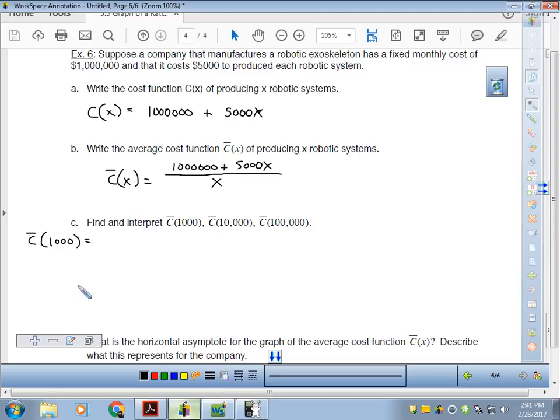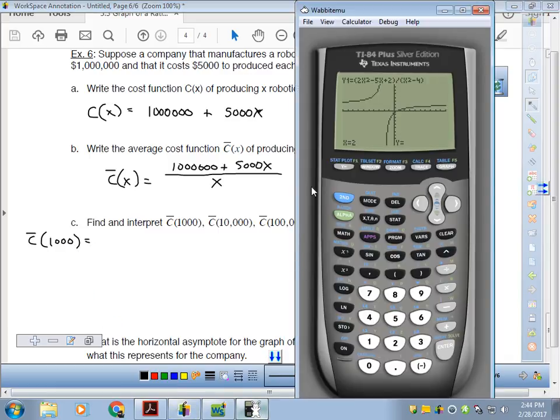So I'm going to start with 1,000. I go to my calculator. So on top I have 1,000,000 plus 5,000 times the number of units. This time we're doing 1,000 units. And then we're going to divide that by how many units, which is 1,000.